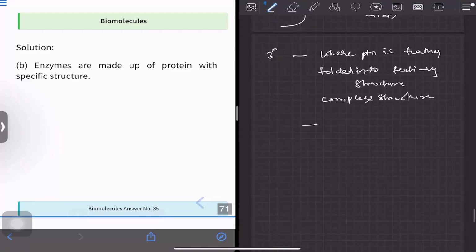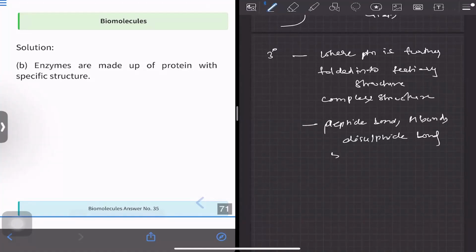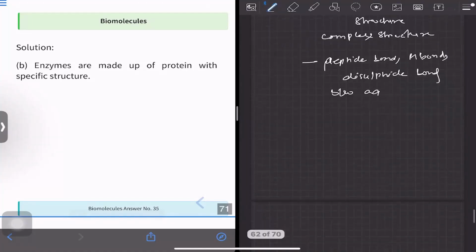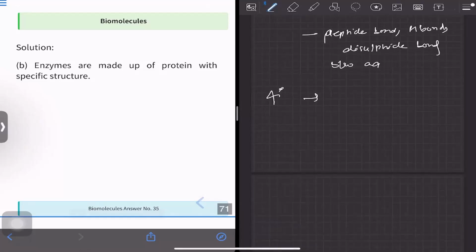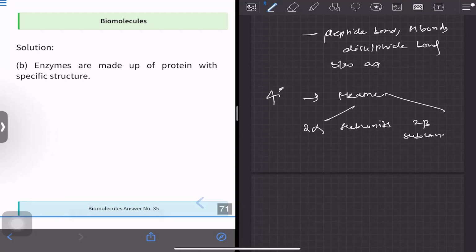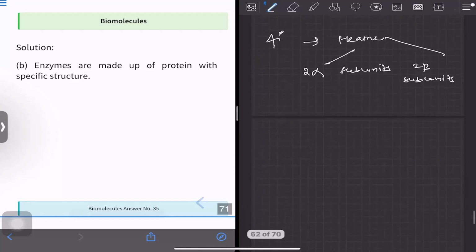In tertiary structure, we have peptide bonds, hydrogen bonds, and disulfide bonds between amino acids. Quaternary structure. For example of quaternary structure, hemoglobin. It contains 2 alpha subunits and 2 beta subunits. This is about proteins.